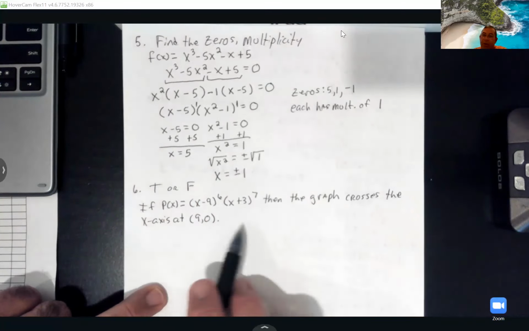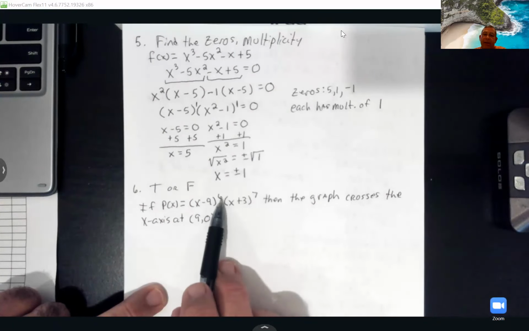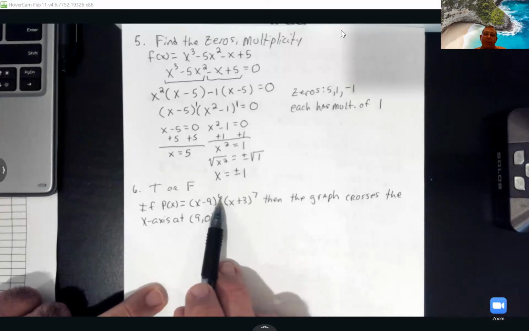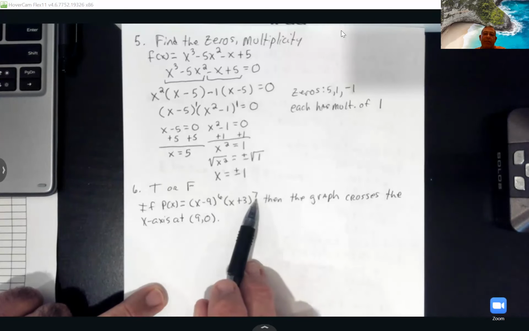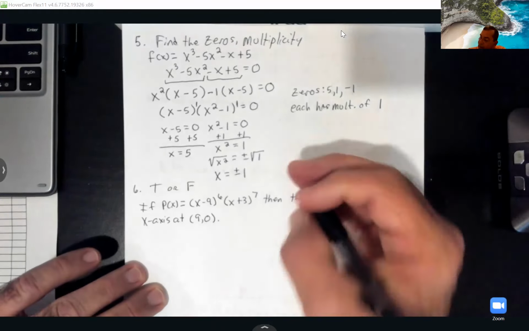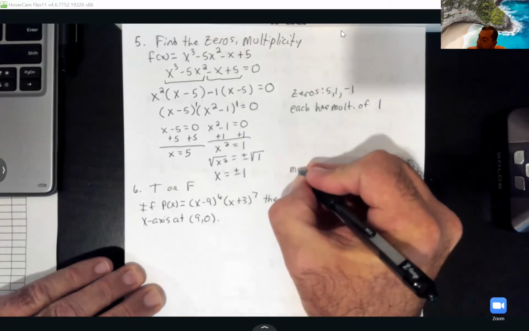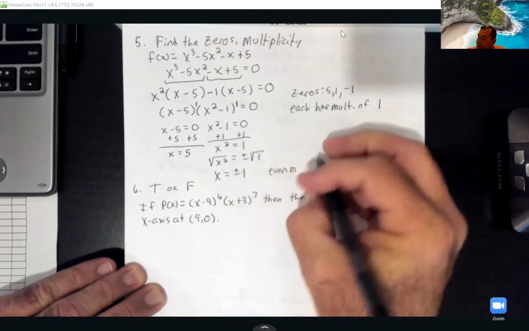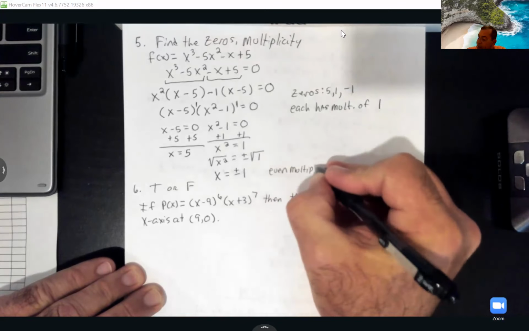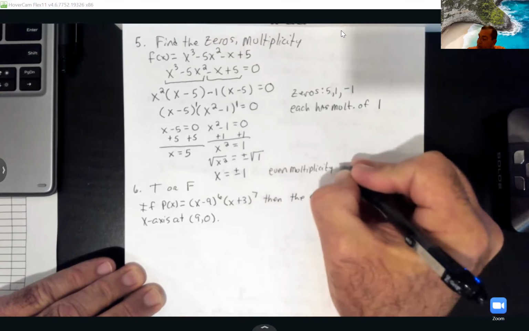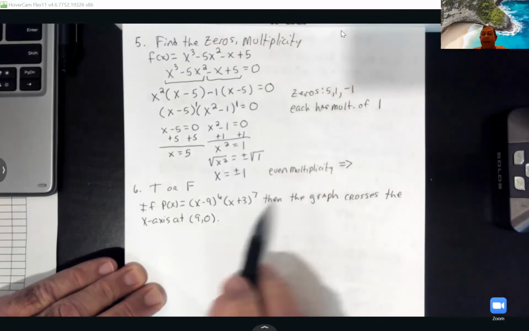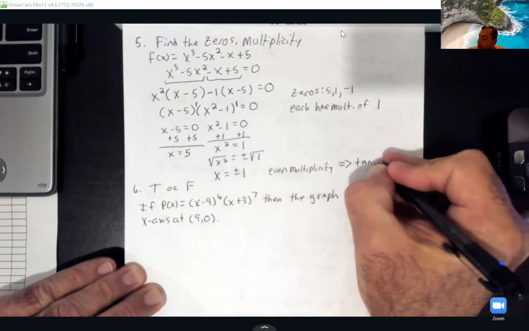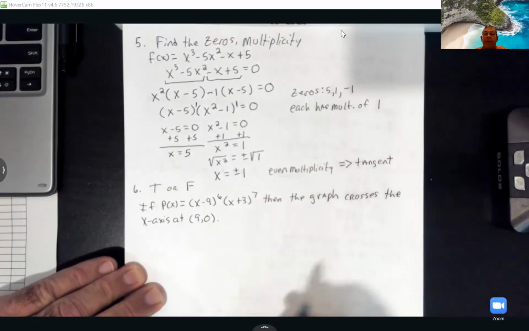Now, what I'm using on this is the fact about these multiplicities here. I got an even multiplicity 6, and this one has an odd multiplicity 7. Remember, if a factor has an even multiplicity, it's going to be tangent to the x-axis.